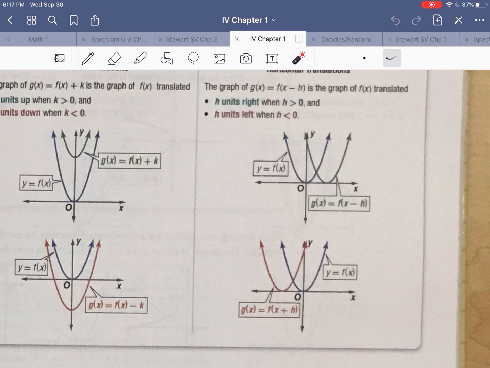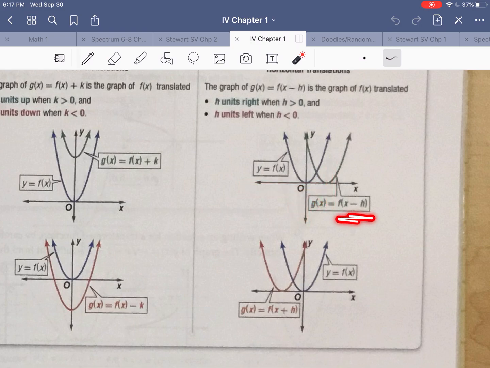So if we have f of x minus 2 for this particular function, normally we would expect to see the lowest point here at the origin, but as we're reading from left to right, we're going to find that point 2 spaces later.